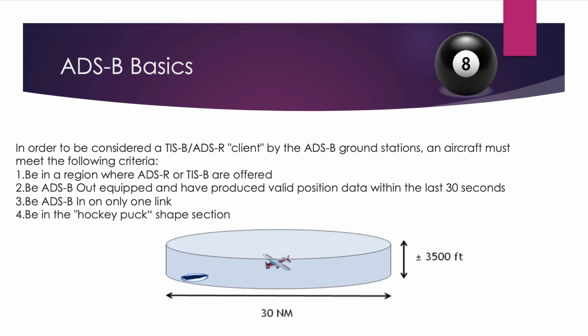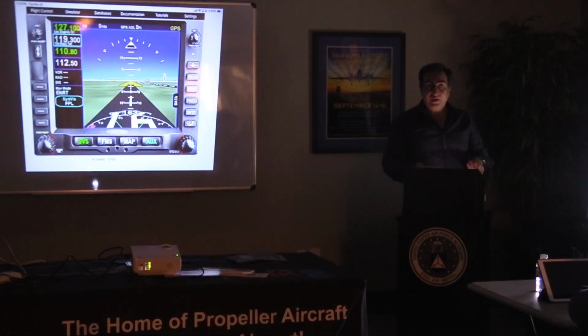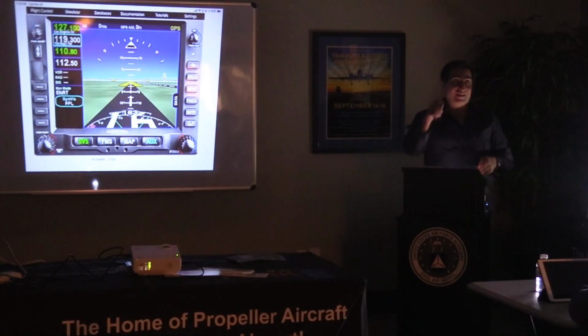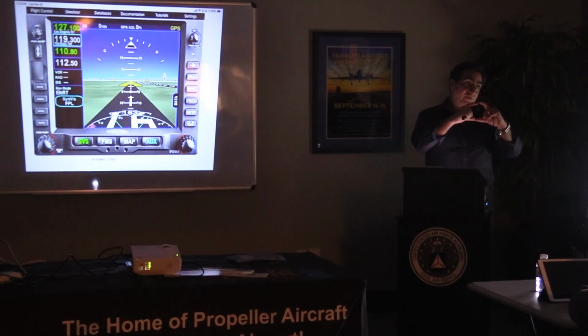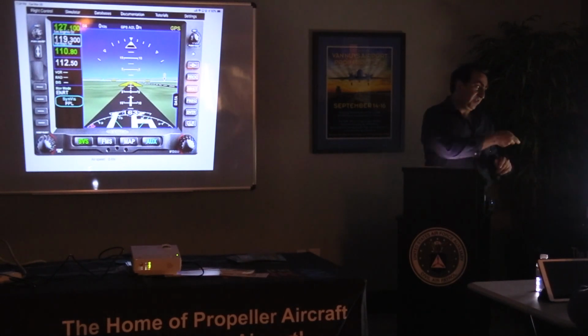The other limitation is that you have to be in this hockey puck, which is 30 nautical miles in radius and only 3,500 feet in height. If the traffic is not within that hockey puck, you won't receive it. So if for some reason you see that TIS-B with a red circle in our aircraft, it doesn't mean the system is broken. It means the traffic is not within this little hockey puck.